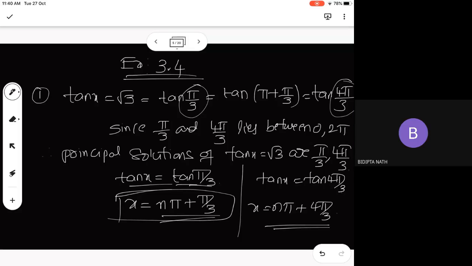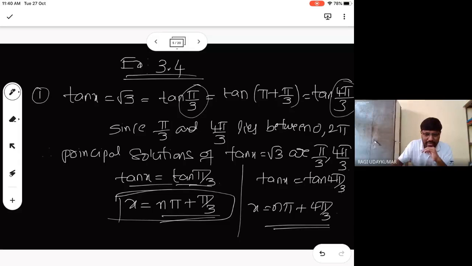Sir, please repeat. Actually, my question is that the principal solutions are pi by 3 and 4 pi by 3. You can see it here: pi by 3 and 4 pi by 3. So tan x equal to tan y; you know that.